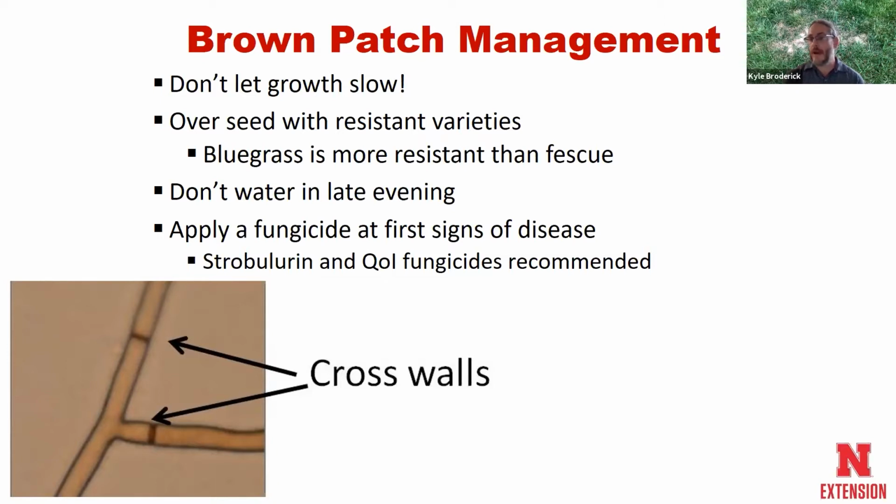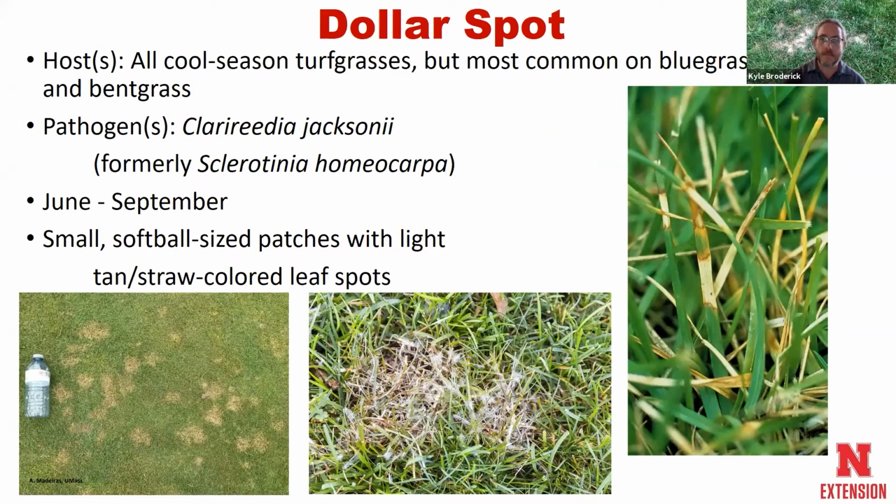So even though you may have a fairly severe infestation of brown patch in your lawn, all that's going to happen is it's going to look bad for a little bit, but that turf will recover. And so if we are ensuring vigorous, good growing turf, it can often outgrow some of the issues with brown patch that we tend to see.